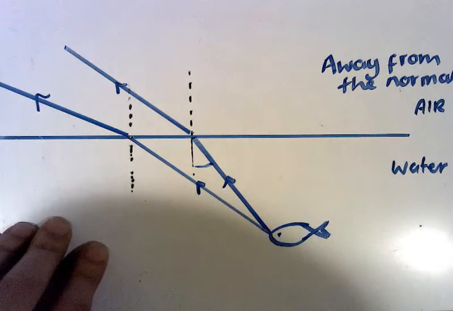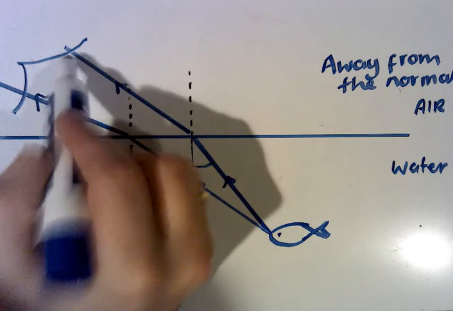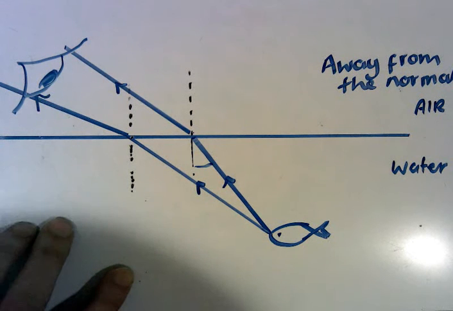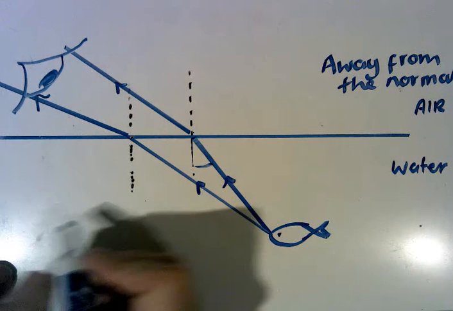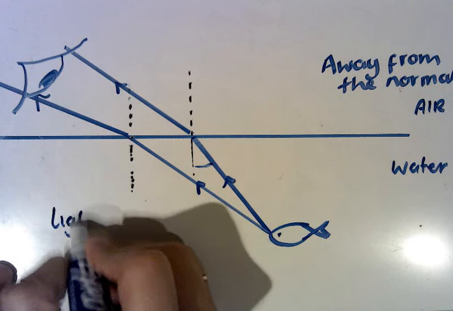Okay, so over here is where you would be standing, so this is where your eye would be looking into the water. Now the second important thing to remember here is that our eye thinks that light travels in straight lines.